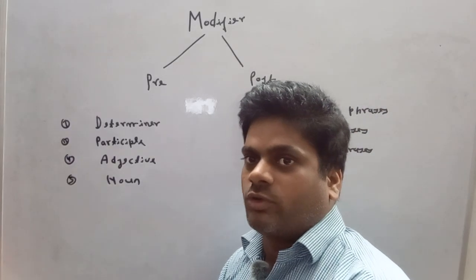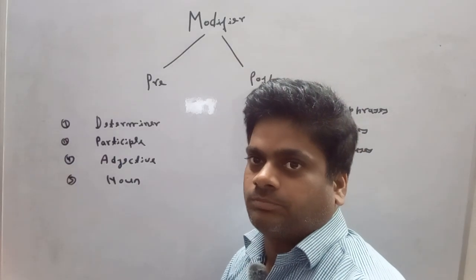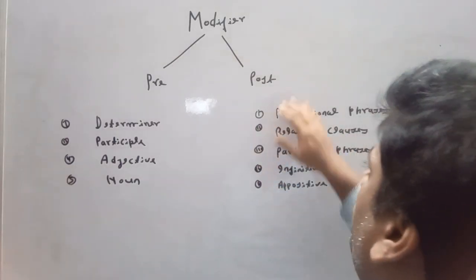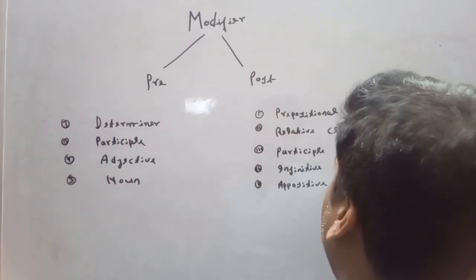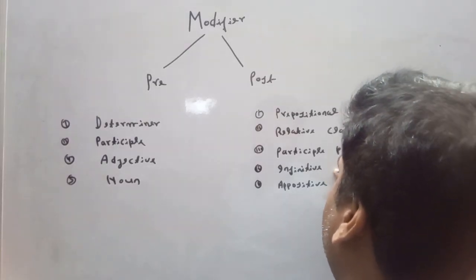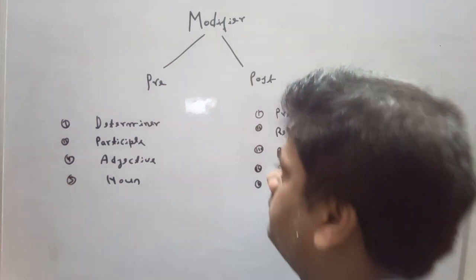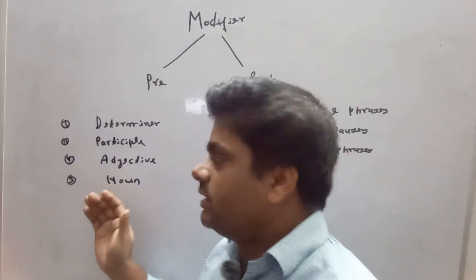Noun also is a modifier if it appears before a noun. In case of post-modifiers: prepositional phrases, relative clauses, participle phrases, infinitives and appositives. These are post-modifiers and these are pre-modifiers.